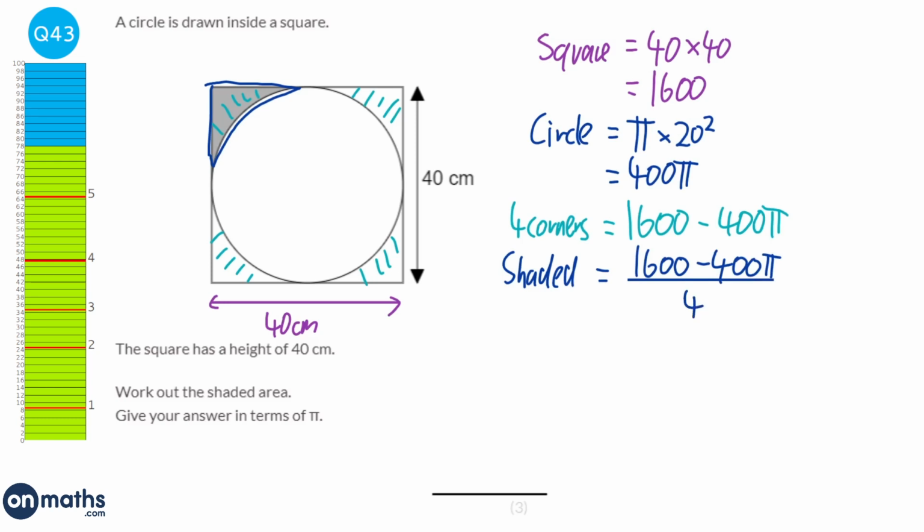We can divide all of the terms by 4. So that will leave 1 at the bottom, 100 pi here, and 1,600 divided by 4 is 400. So we're just cancelling the fraction, and actually we leave it as 400 minus 100 pi, and that indeed is our answer. You can't simplify that any further.